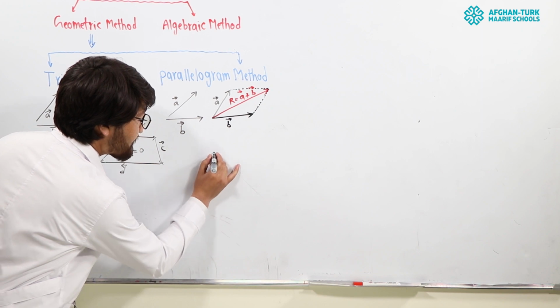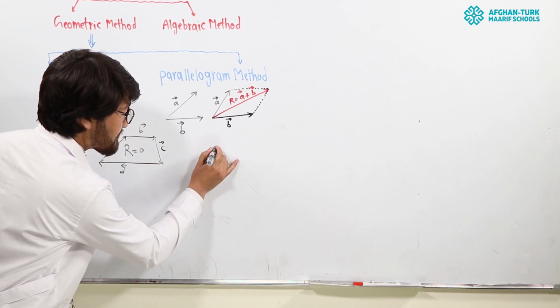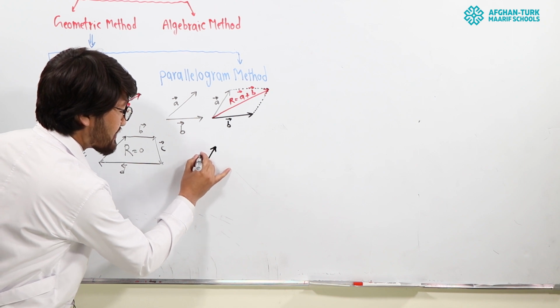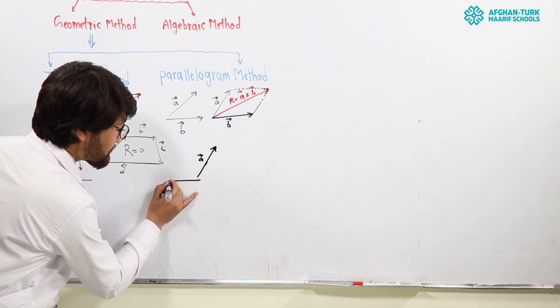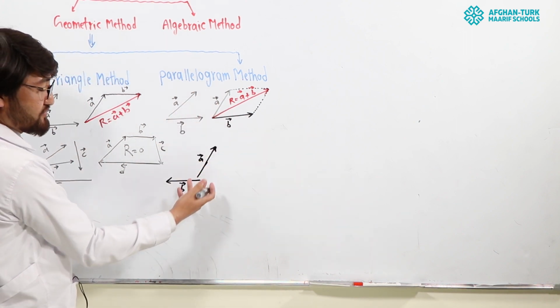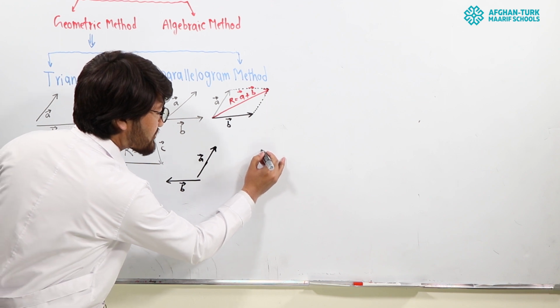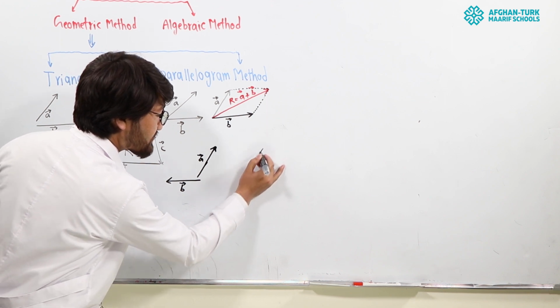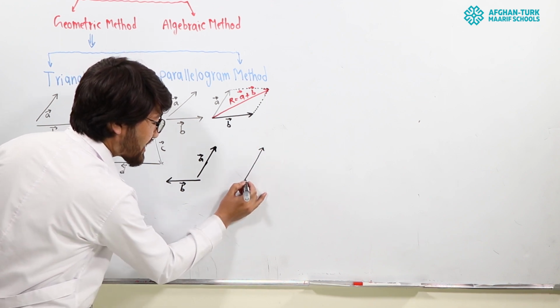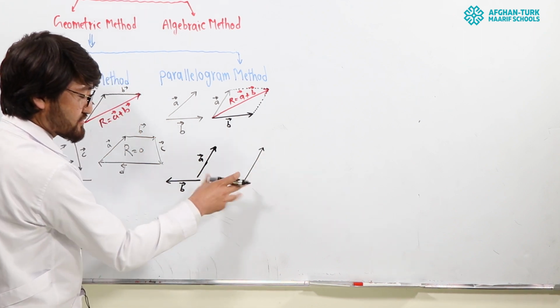Here we have vector A, and also here we have vector B. We want to draw the resultant of the two vectors. Now we carry vector A, and we join the starting points of the two vectors.